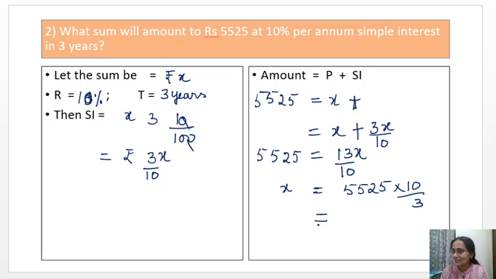It is a little bit lengthy to divide, so let me write the value of x directly. You can do it in your book. Pause the video and do it. The principal amount is rupees 4,250. So the answer is rupees 4,250.